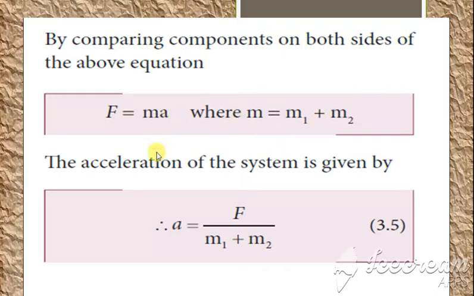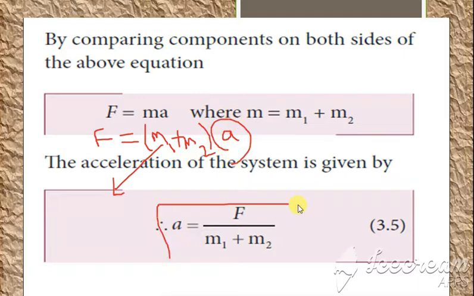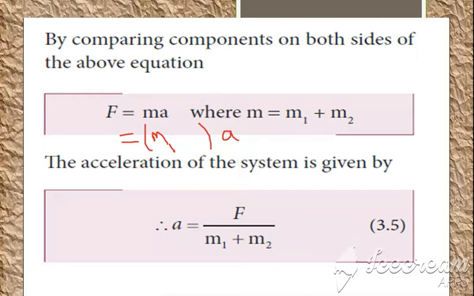So F is equal to m1 plus m2 into a, because m is equal to m1 plus m2. Now bring this term down, so a is equal to F divided by m1 plus m2. This gives the equation for acceleration.